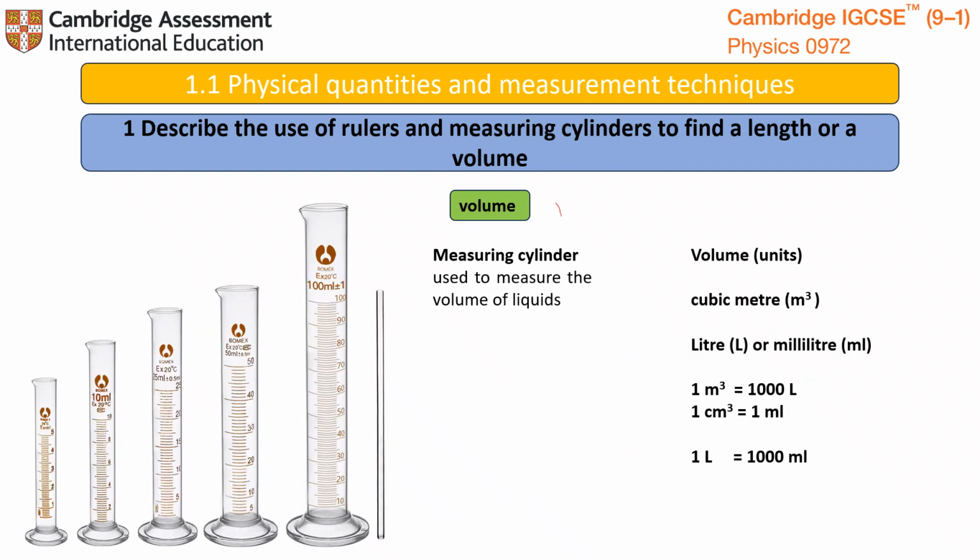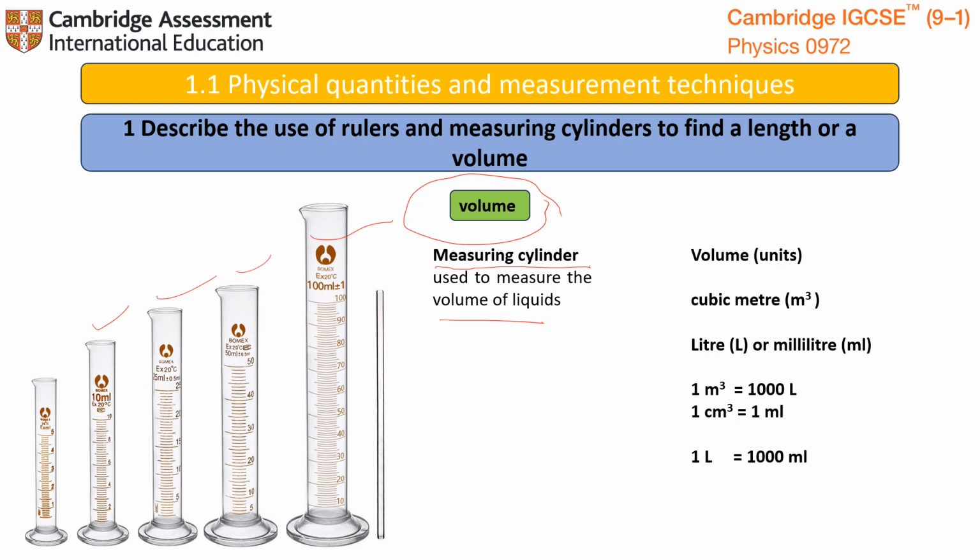So now coming to measuring volume. For measuring volume, the primary instrument is a measuring cylinder. It is used to measure the volume of liquids. Here you can see measuring cylinders of different capacities.